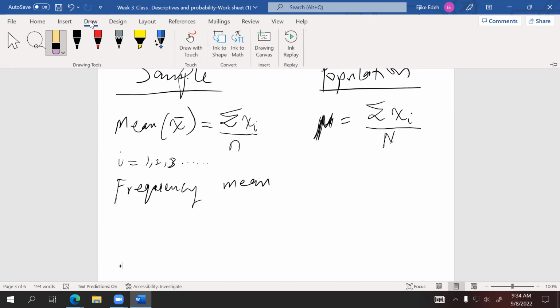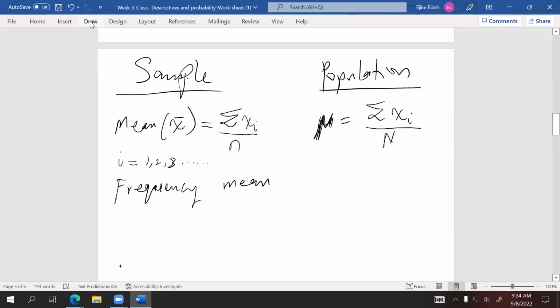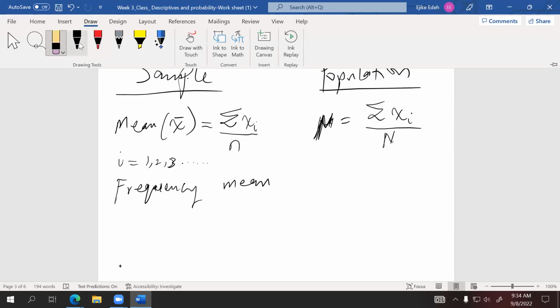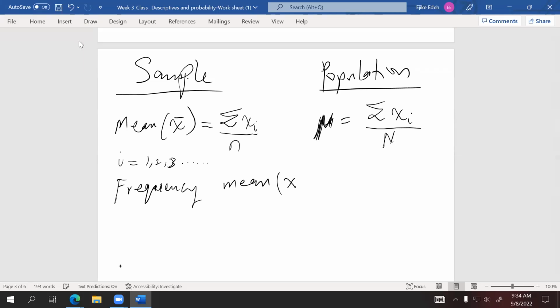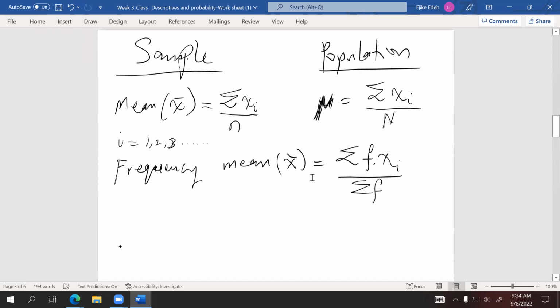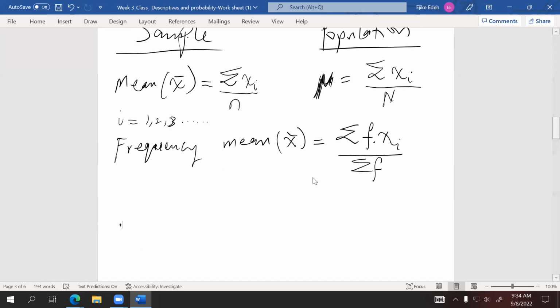They will always give you the same thing for the mean. So the sample mean here, if I have a frequency distribution, is given by the sum of frequency times data divided by the sum of frequency. And we tried to explain this by derivation last class.